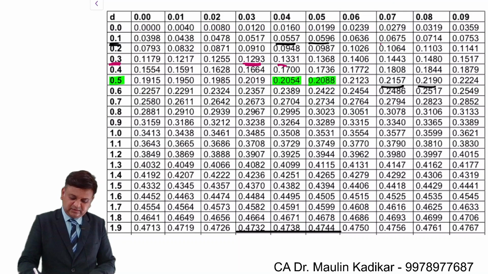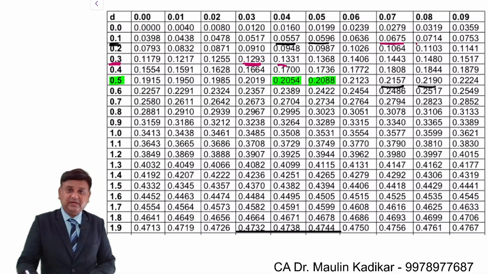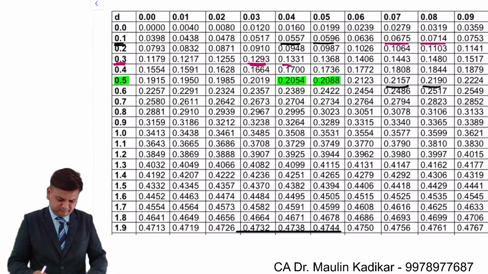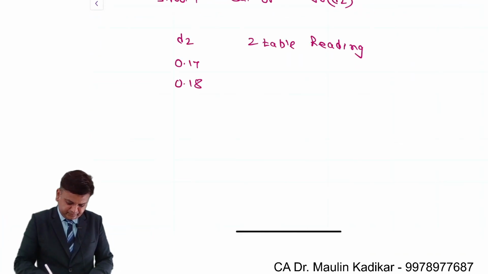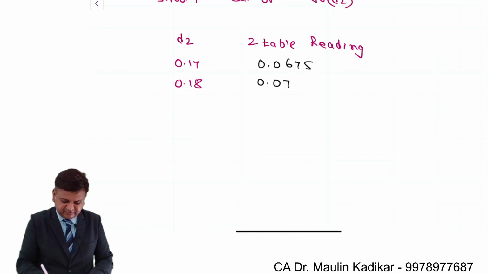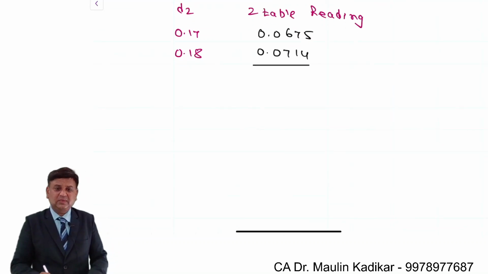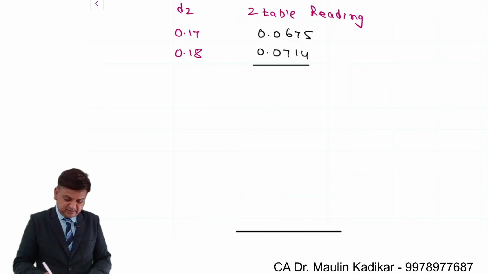So 0.17, 0.0675 and 0.18, 0.0714. So 714 minus 675, that is 39. So 0.0039.